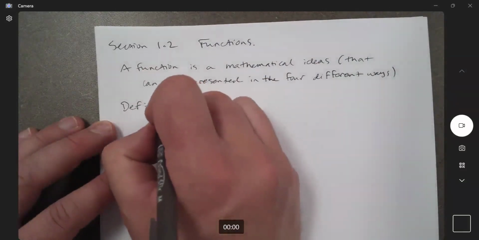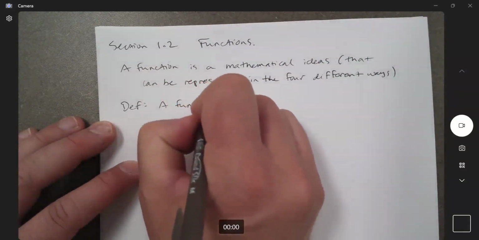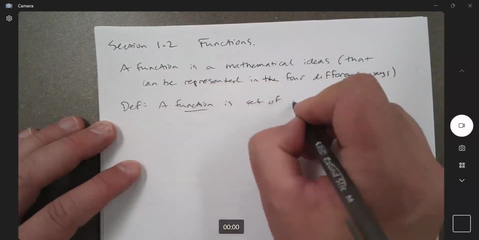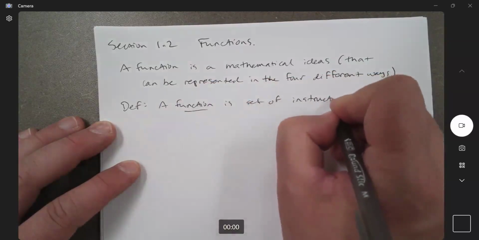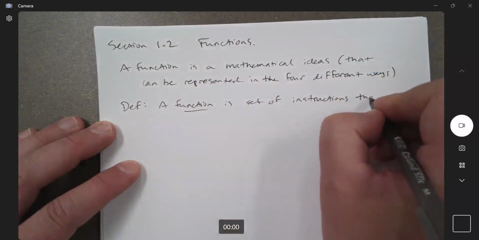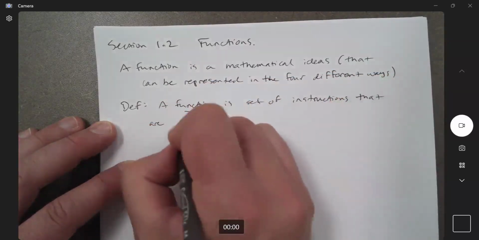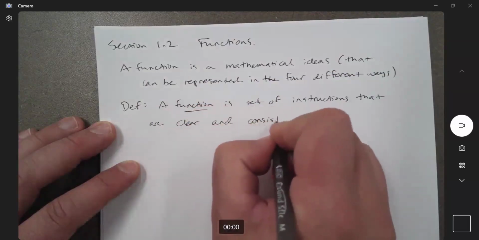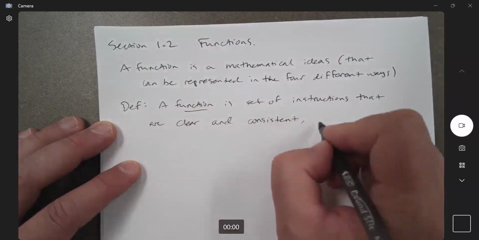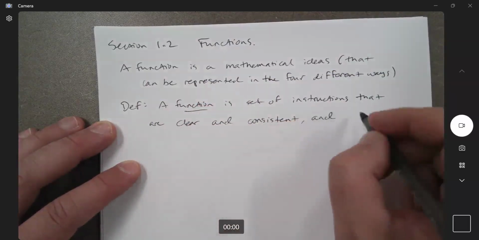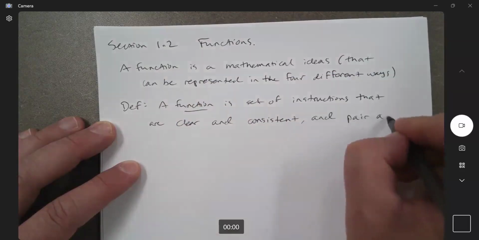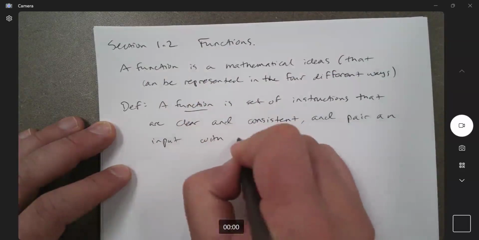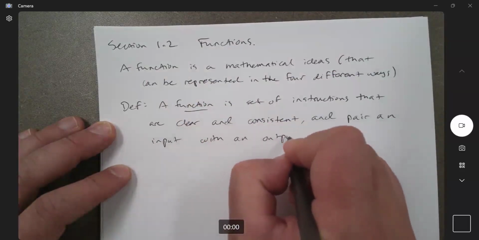At its core, a function is a set of instructions that are clear and consistent. And pair an input with an output.